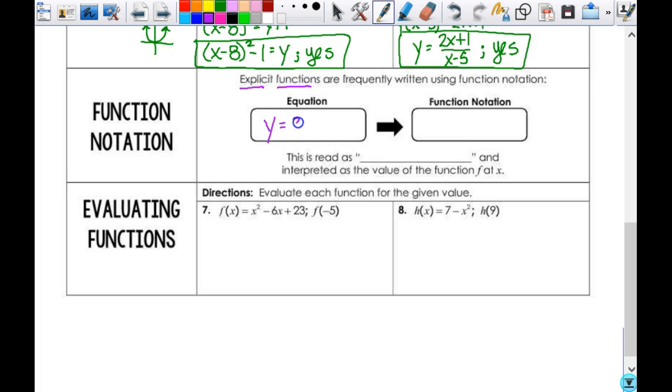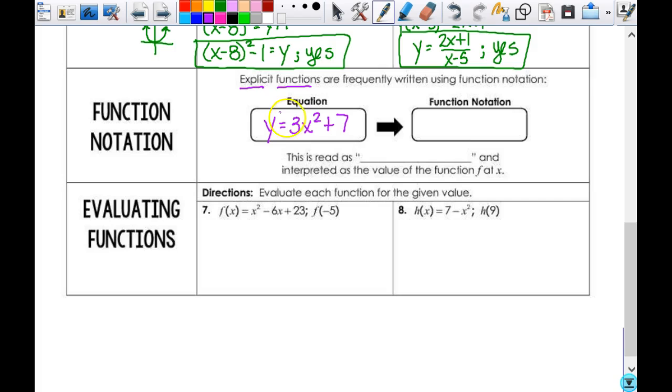So if I have y equals 3x squared plus 7, and I want to write it as function notation, then what's the only thing that changes? What makes something, when it's written, you know that it's written in function notation and not just as an equation?